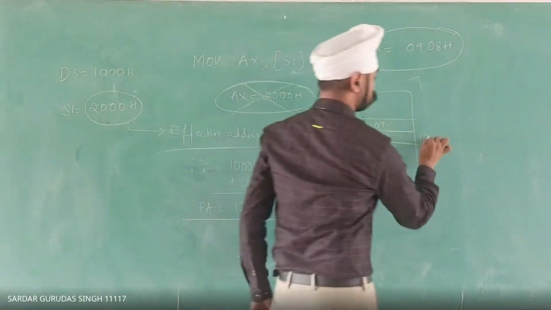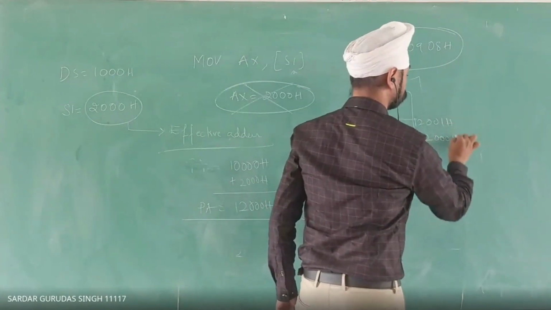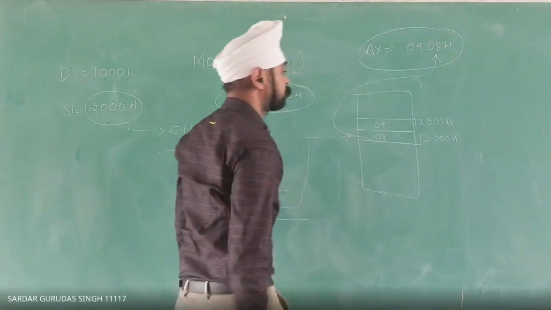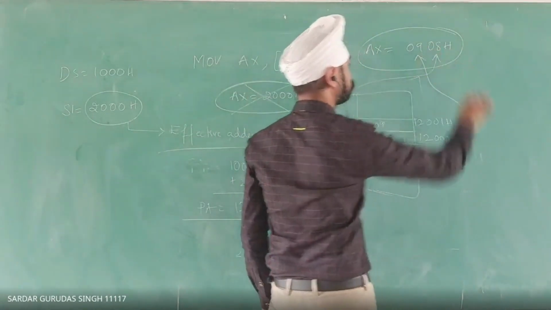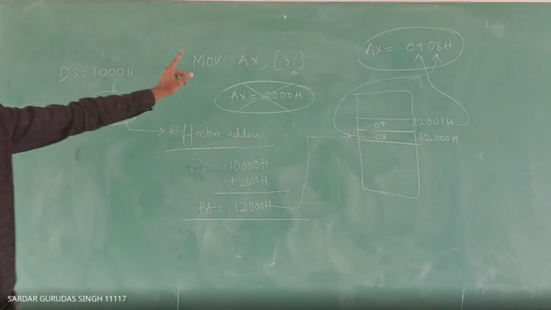This is 12,000 and this is 12,001, so the first content is the lower byte and the next is the higher byte. This is how this instruction works.